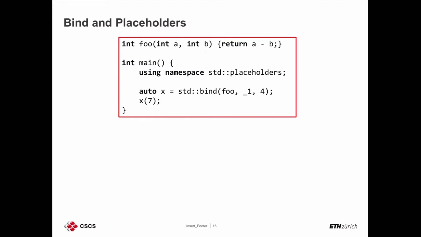So I know I'm going to call foo all the time, but where b is always 4, and I don't want to write 4. I want to just call the new function that substitutes this. And you can do it with a standard facility, but you need a little bit of features.